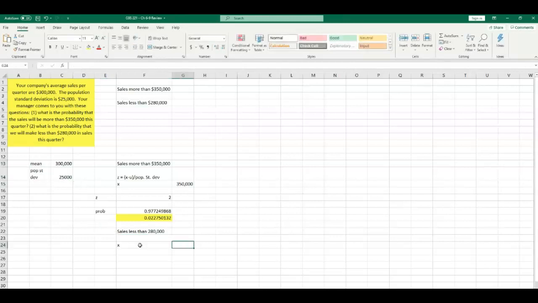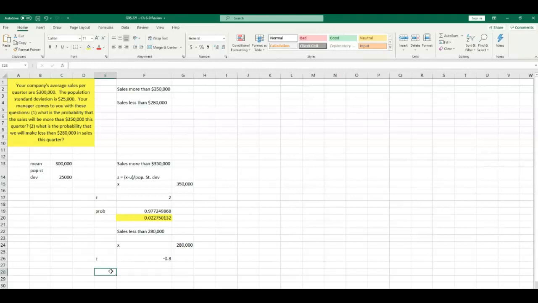Instead of 350, we're now dealing with 280,000. So, we find our z-score by taking our x of 280, subtracting that by our mean of 300,000, and dividing it by our population standard deviation. That gives us a z-score of negative 0.8, which is just a piece of the puzzle, right?